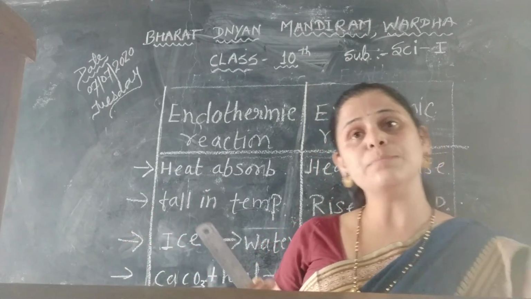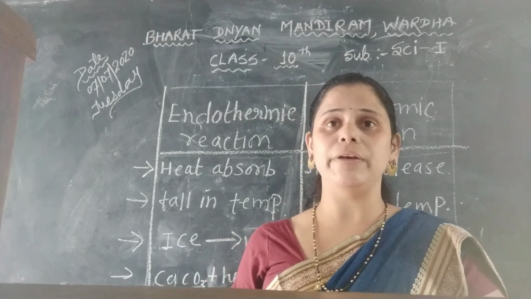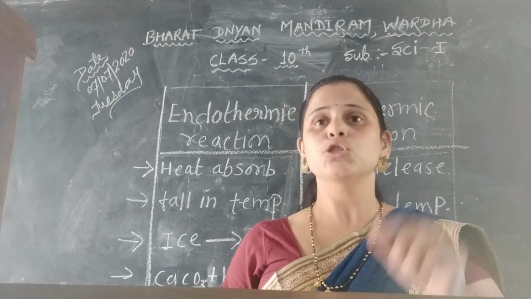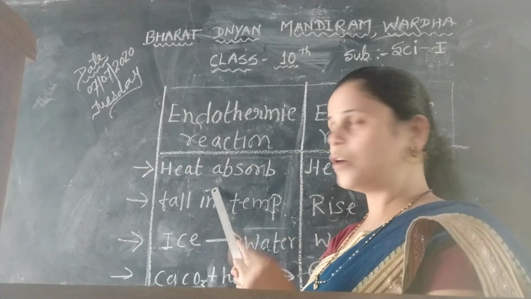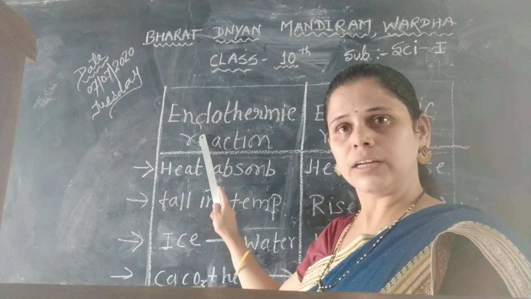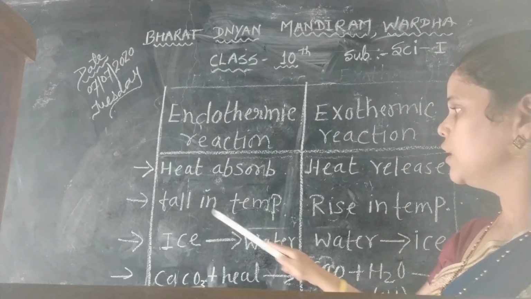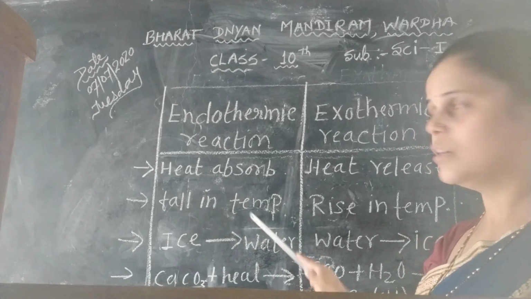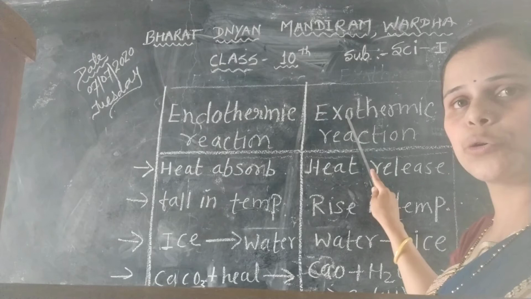When heat is absorbed from outside, then the reaction is endothermic. So the points to be noted: heat is absorbed in endothermic, heat is released in exothermic. Fall in temperature in endothermic, rise in temperature in exothermic.